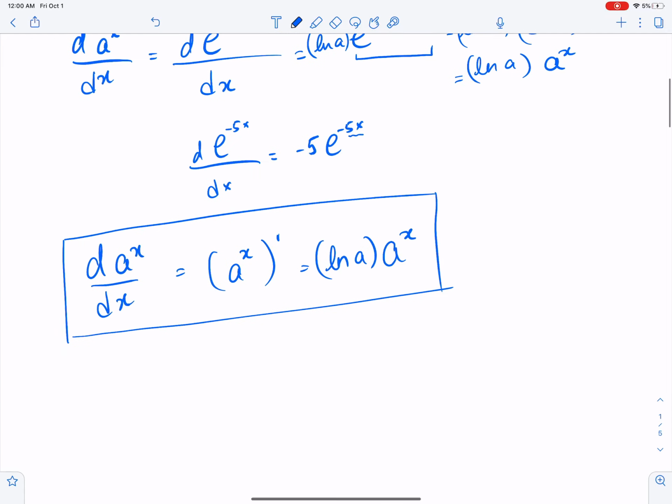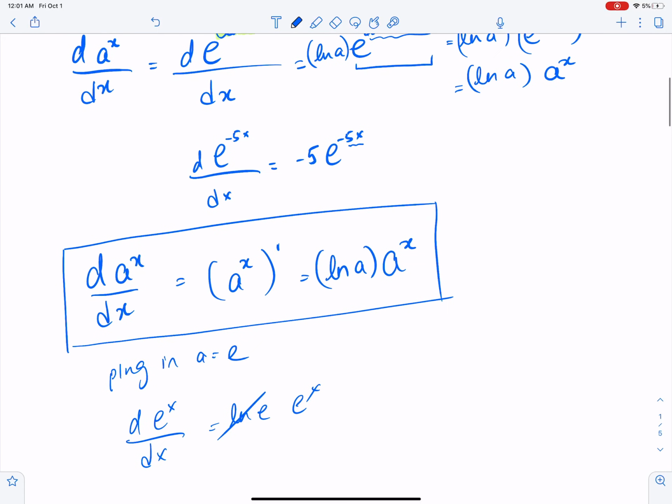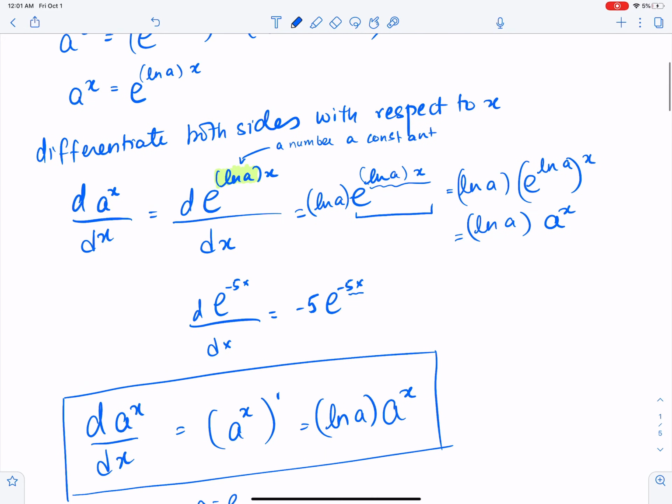And of course, you already know the derivative of e to the x is e to the x. And that agrees with this. If a is e, what are you going to have? You do have derivative of e to the x is log e times e to the x, but log e is 1. But we're not using this to derive this formula because we did use this in the step right here.